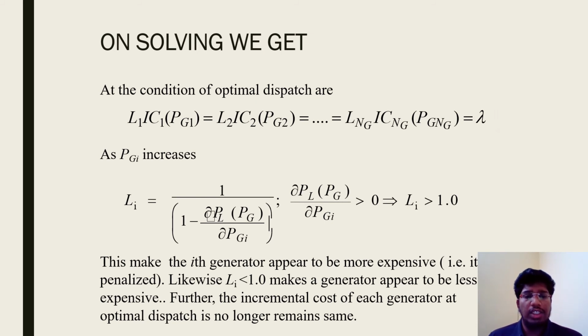This makes the ith generator appear to be more effective, that is, it is penalized less. Likewise, L_i greater than 1 makes a generator appear to be more expensive. Further, the incremental cost of each generator at optimal dispatch no longer remains the same.